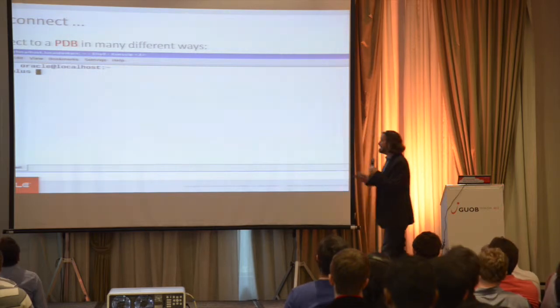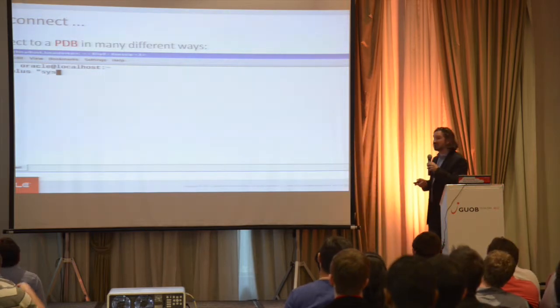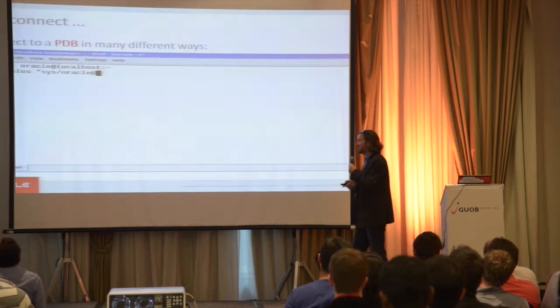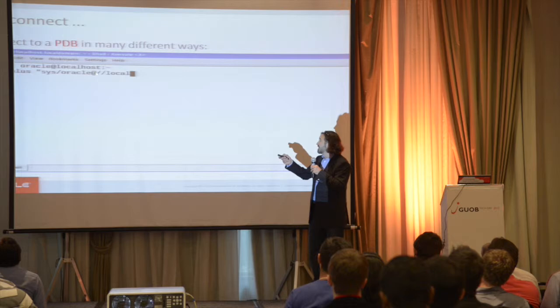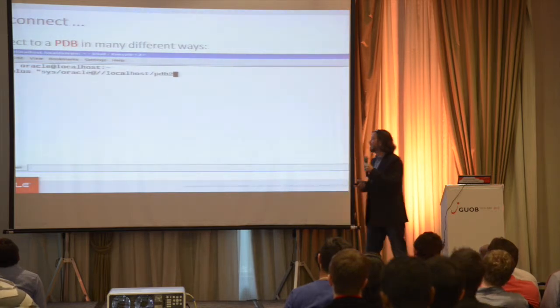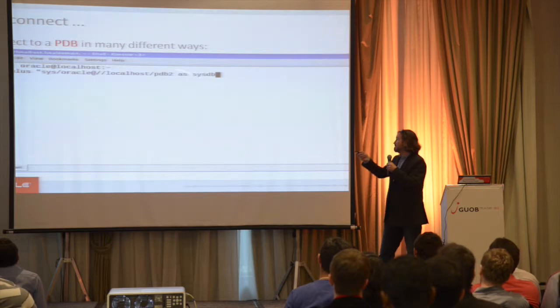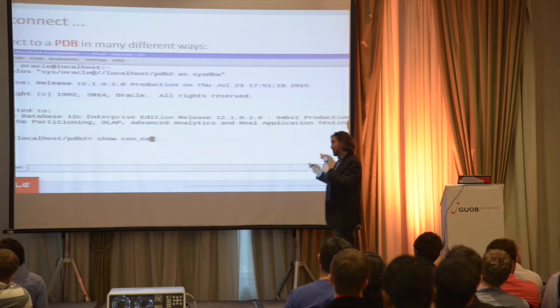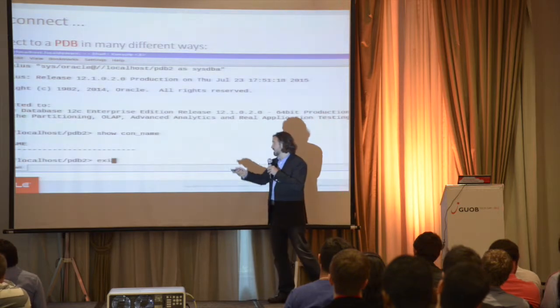Second thing is the Easy Connect, which is so easy that I always have to consult Tim Hall's page to find out how the Easy Connect works. I can't remember it. So it's // then the host name, localhost, / again, then the name PDB2, as sysdba, show con_name, it says PDB2 again.